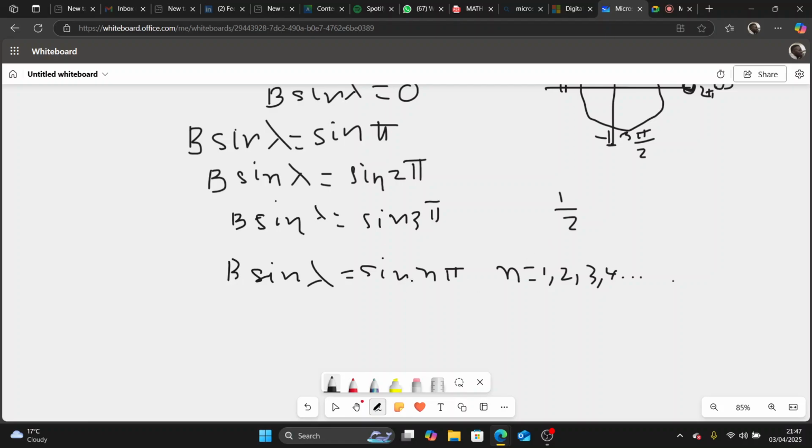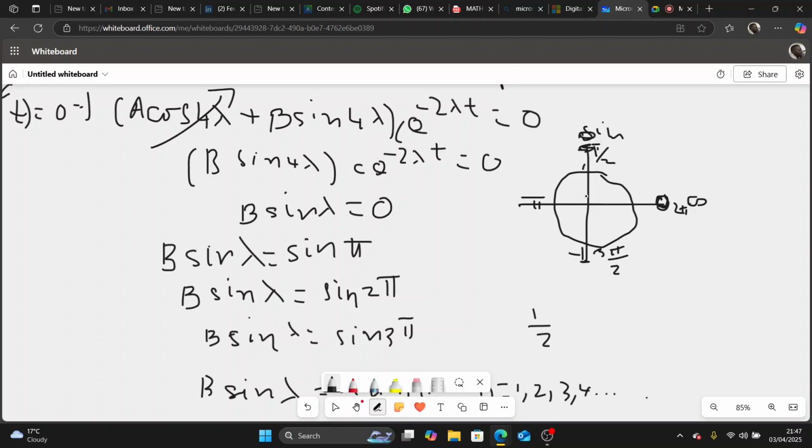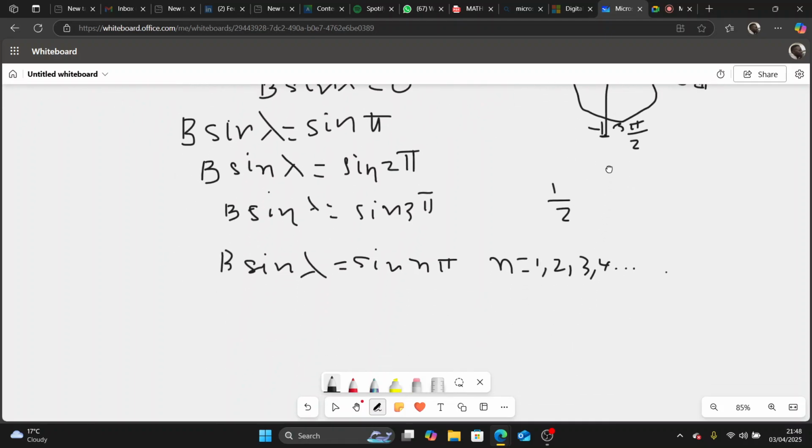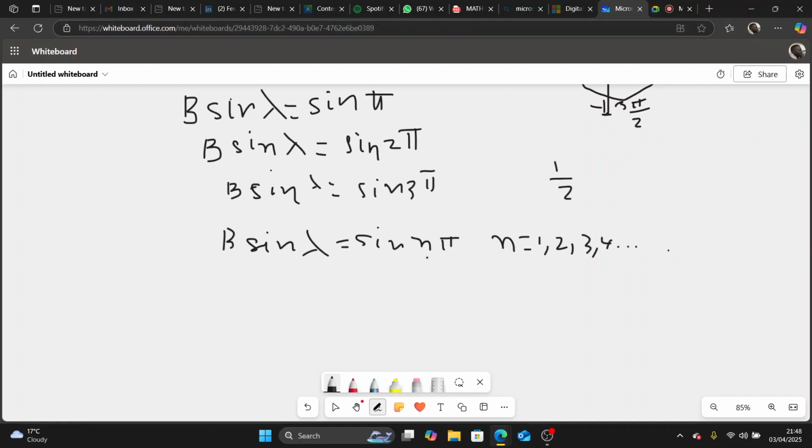If I substitute n by half, you're going to have sine pi over 2, and that is not 0. Sine pi over 2 gives you 1. The only values that give you 0 are this guy and this guy. So that's why in your solution, they insisted that it should be equal to n pi, and those n values should only be 1, 2, 3, 4.